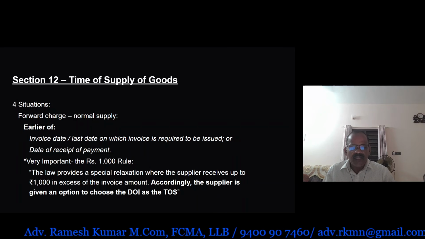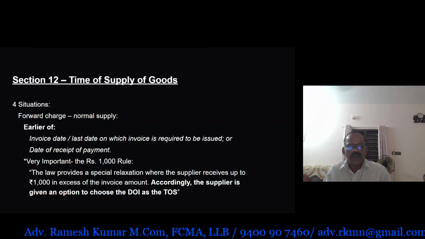We have to identify the relevant dates and take the earlier one. The two dates are very important. The first is the date of issue of invoice, the date you see in the invoice, or the last date on which the invoice is required to be issued. And second is the date of receipt of payment. So, whichever is earlier.